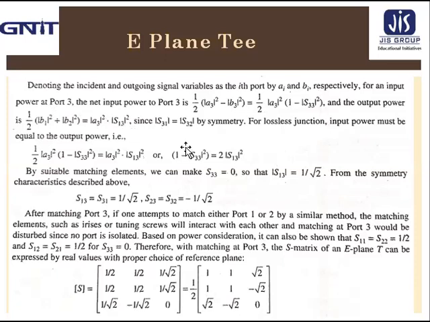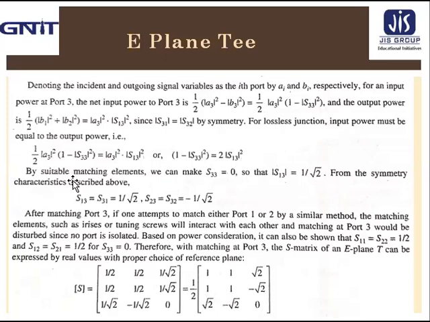Since s31 equals s32, as the matrix is symmetric, and for a lossless junction the input power must be equal to the output power, that means half of |a3|² into (1 minus |s33|²) equals |a3|² times |s13|², or we can write that 1 minus |s33|² equals 2|s13|².